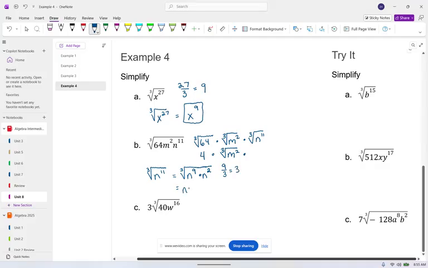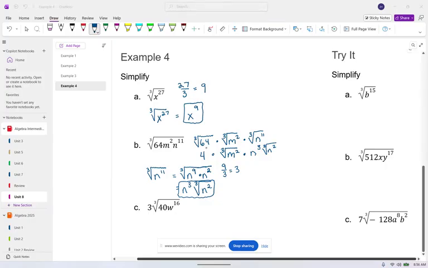So we'll have n to the 3rd, and then what we leave on the inside will be the cube root of n squared. So all together, we have n to the 3rd cube root of n squared.